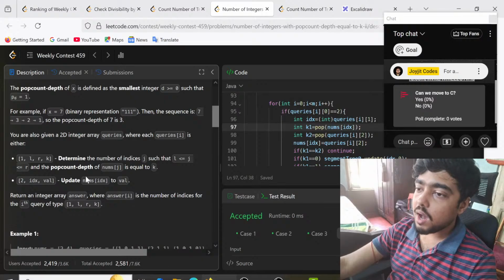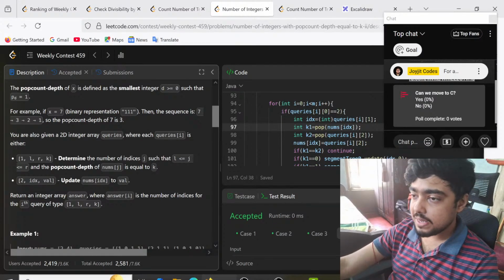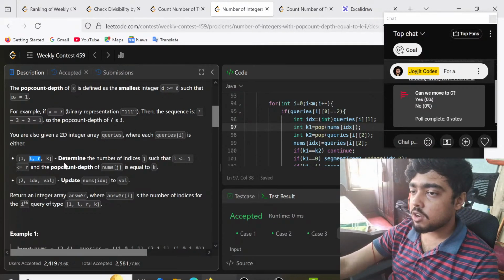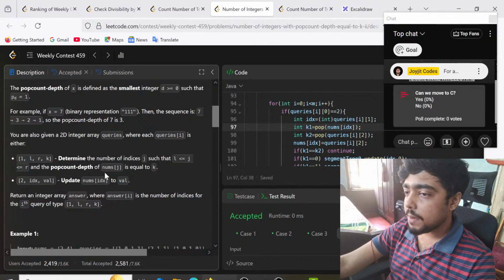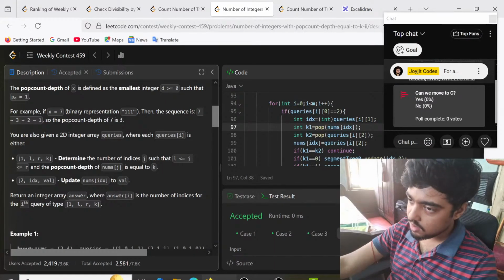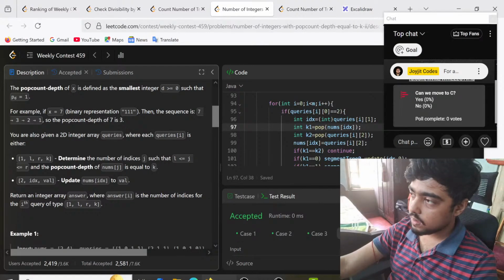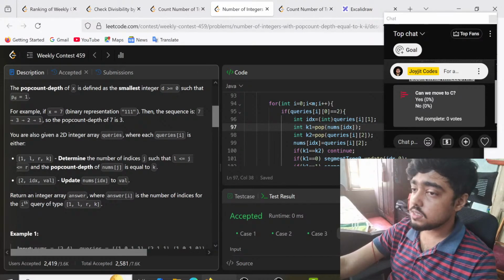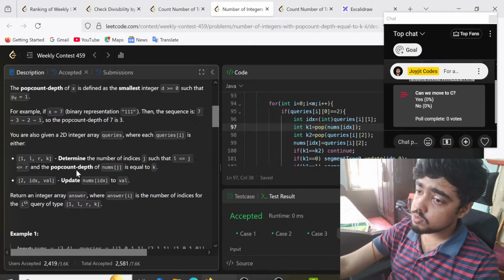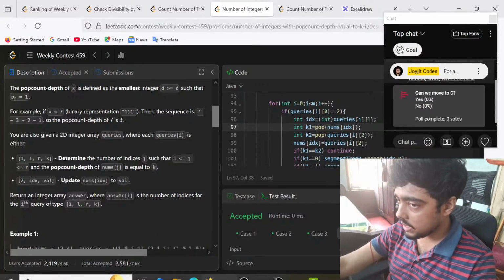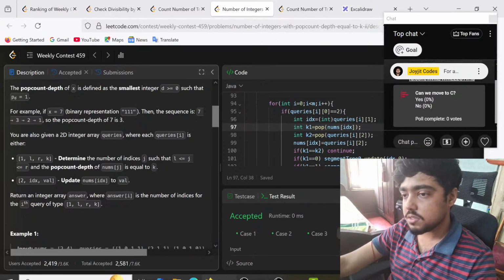Otherwise, you have to determine the number of indices in the range L to R whose pop count depth is equal to k, in very simple words.